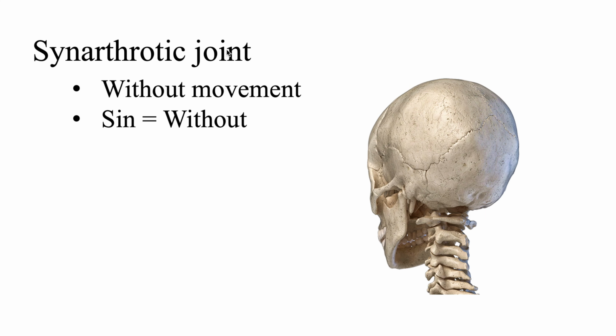The way that I remember synarthrotic is the word sin, and the Spanish meaning of sin is without. One of my students also mentioned that they remember this word by thinking of forbidden sin, so forbidden movement. If that helps you remember that synarthrotic joints are without movement or forbidden movement, use it. Just remember, synarthrotic joints are immovable joints. These joints are not moving.